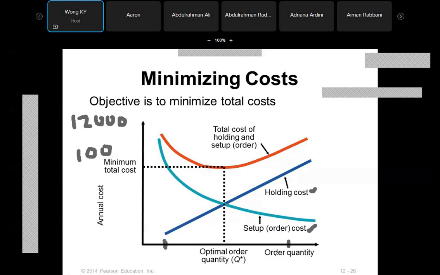But if we increase the order quantity, let's say every time we order 6,000 units, and the annual demand is 12,000, it means we only need to order 2 times. So the frequency of ordering reduces. As a result, ordering cost will reduce. Therefore, you get this curve like this.